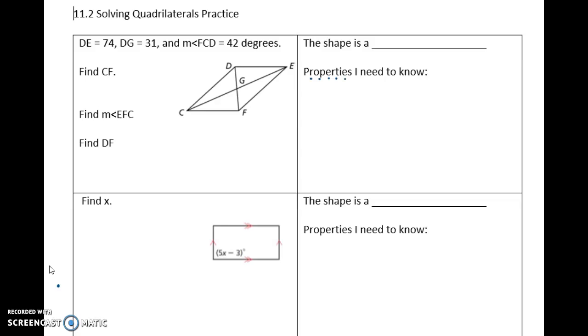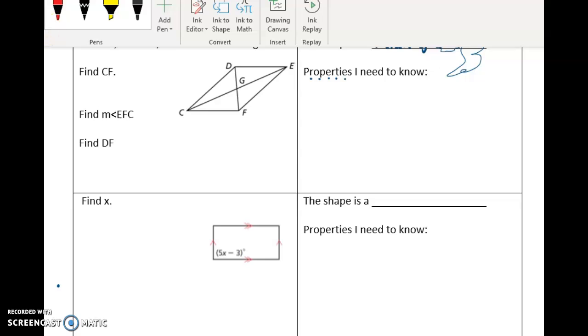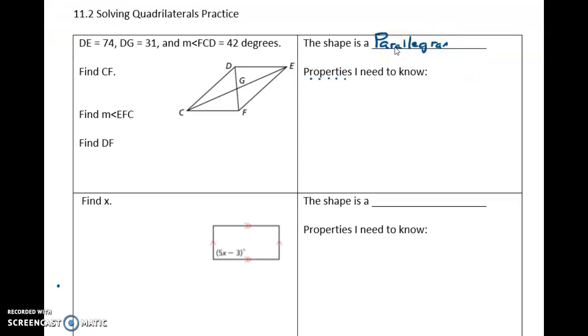I'm going to assume they want this to be a parallelogram, even though they really didn't give you a whole lot of information about this. I'm going to declare this a parallelogram because you need to know that before you start running through this problem.